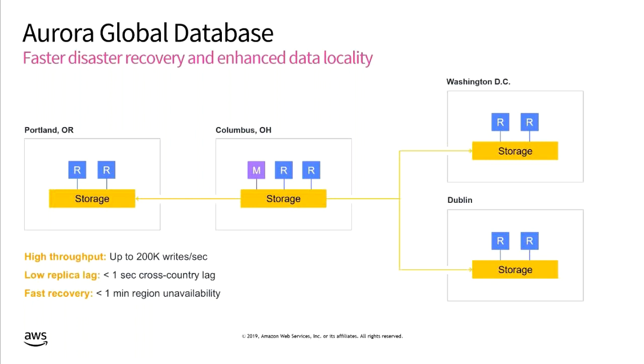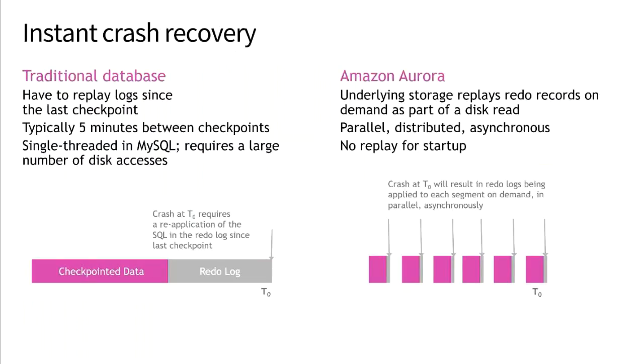Now, recovery in general in Aurora, even when you don't use other regions, if you're just looking at a single region and you look at how we do recovery in Aurora, it's very quick because of the way that the storage system works. If you contrast that with a traditional MySQL database, in traditional MySQL, usually crash recovery works with the concept of checkpoints.